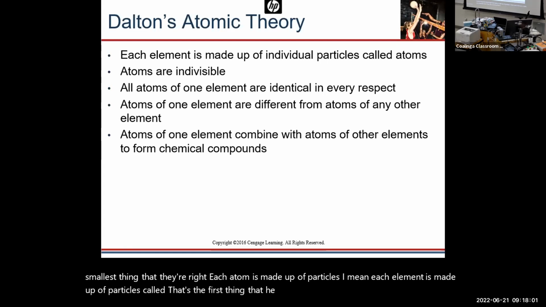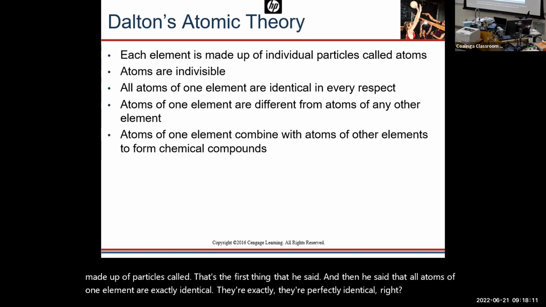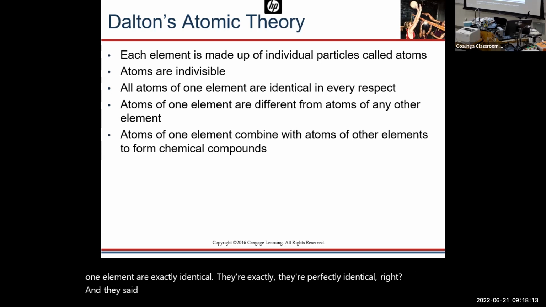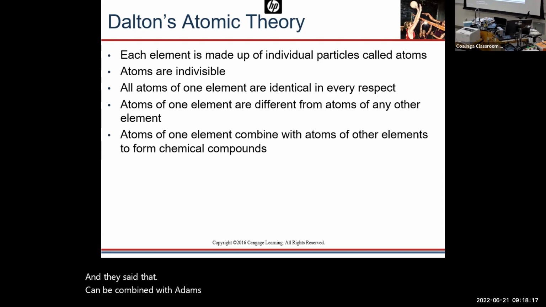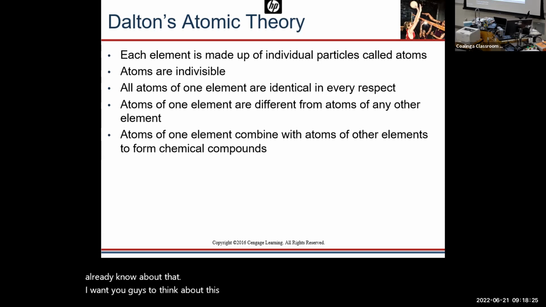And then he said that all atoms of one element are exactly identical. They're perfectly identical, right? And then he said that atoms of one element can be combined with atoms of another element to make a compound, right? Which we already kind of know about. We already talked about that. Now, I want you guys to think about this theory.